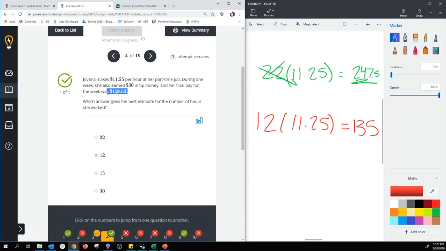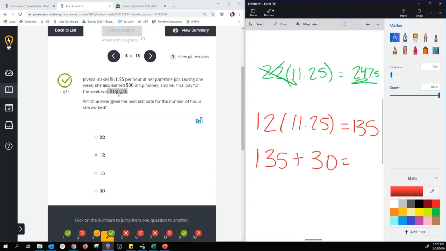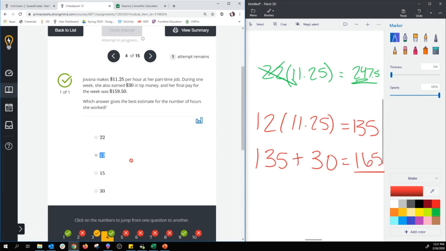So when you earn tips, that's money that's being added to how much you earned. So I would do 135 and add in my tips to give me $165. And this 165 is pretty close to this $160. So she would work around 12 hours to earn $160.